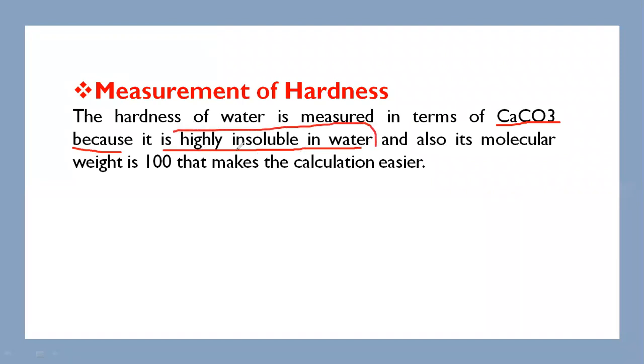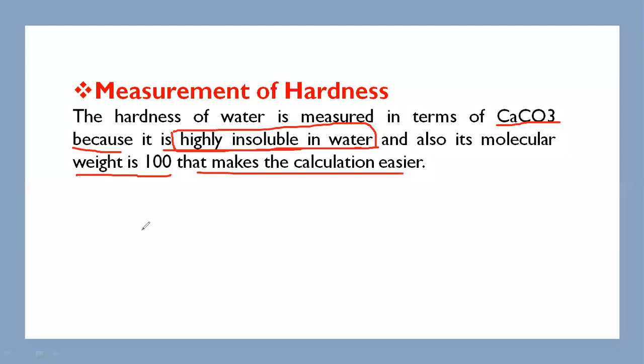The first point, it is highly insoluble in water, and secondly, its molecular weight is 100. That makes the calculation easier. So the degree of hardness is calculated in terms of calcium carbonate equivalents.